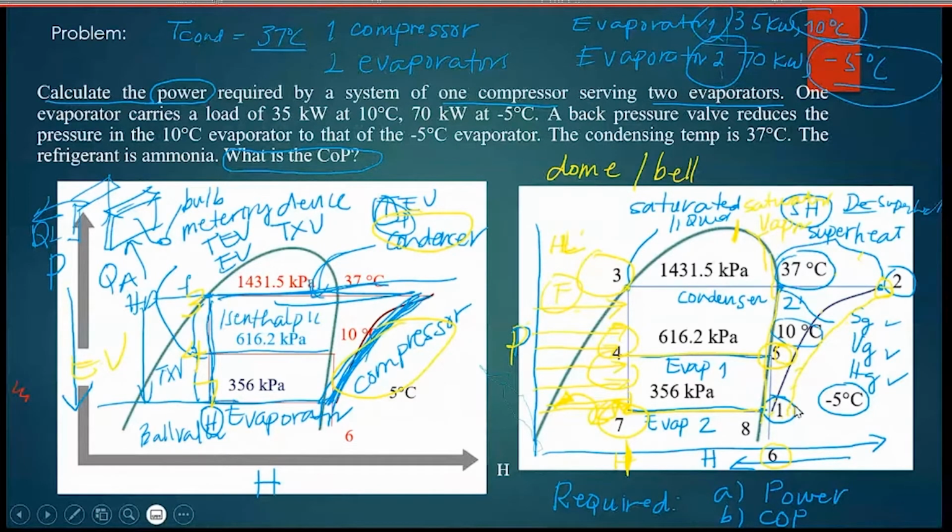And the reason why it is -5 is this device. What is that device? A back pressure valve. If you read carefully, a back pressure valve reduces the pressure in the 10 degrees centigrade evaporator to that of the -5 evaporator. That's why the pressure went down, and if the pressure goes down, the temperature also goes down, by theory. So from 10 to -5.